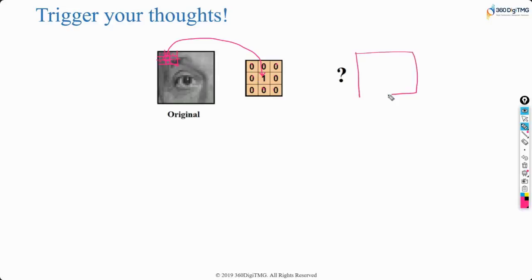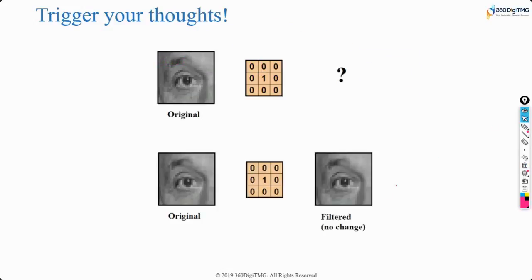That would be your output, meaning the same value will appear here. When you move it by 1 pixel, again only the central pixel gets multiplied by 1 and the same pixel value comes here. If you multiply something with 1, you get the same thing. So when you take your original image and apply this filter, you get an output which happens to be the same.